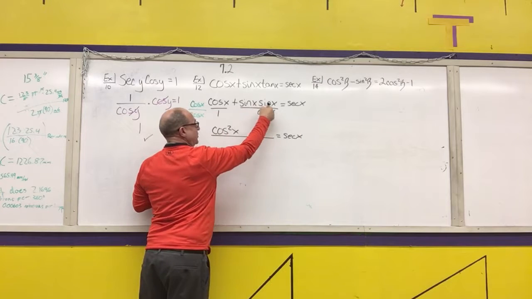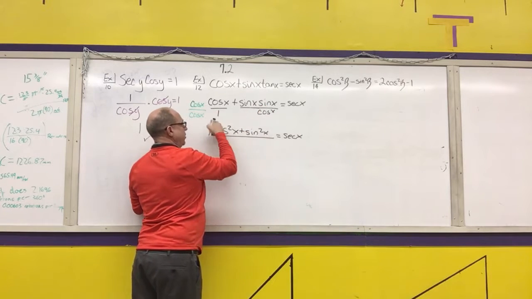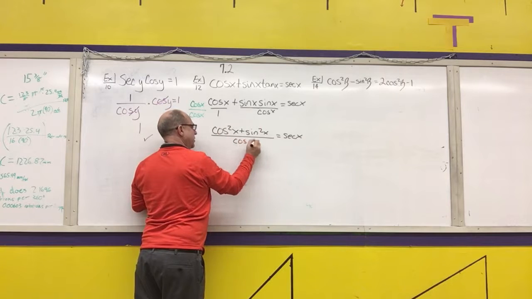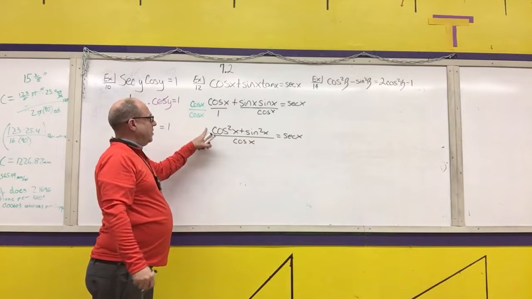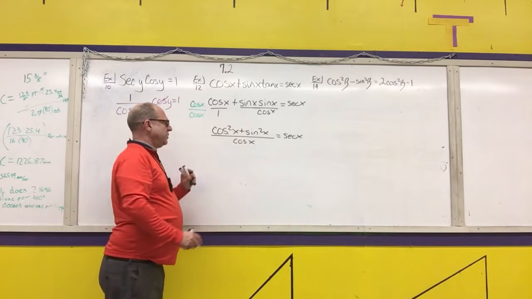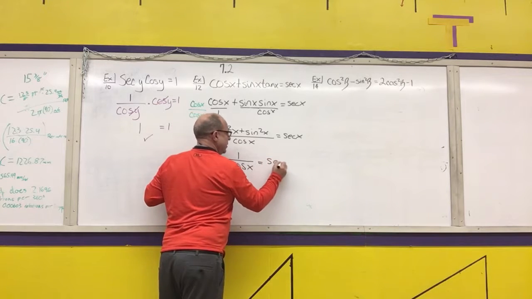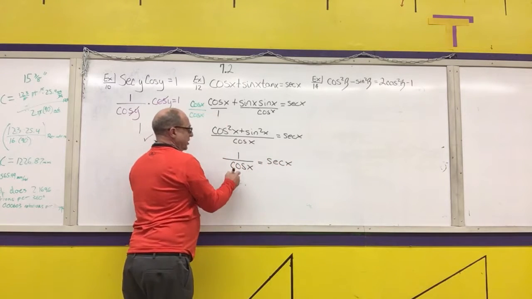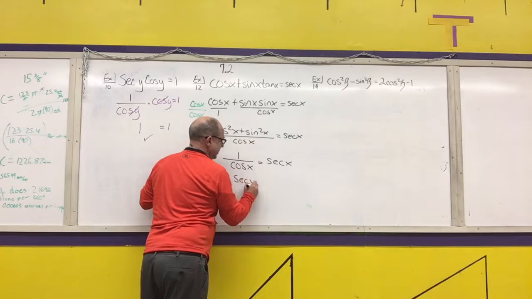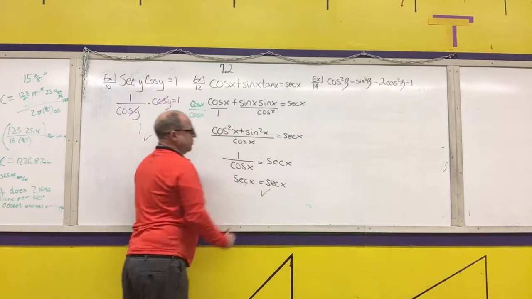I get sine x times sine x, which is sine squared x, over cosine x. Automatically, you should recognize that cosine squared x plus sine squared x is equal to 1. So you have 1 over cosine x. And 1 over cosine x is, in fact, secant x. And I get secant x is equal to secant x, and I am done.